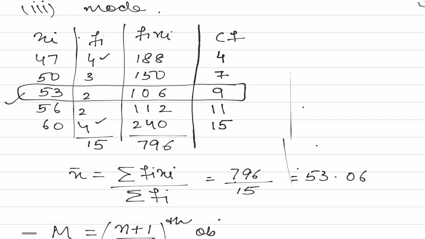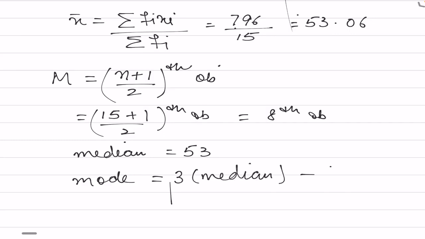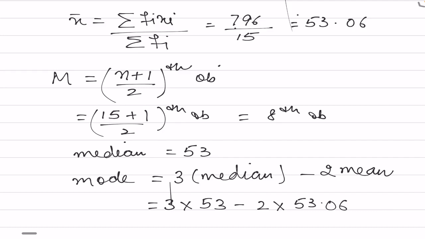So in this type of question, we will use the empirical formula. The empirical formula to calculate the mode is 3 median minus 2 mean. So 3 into the median, which is 53, minus 2 into the mean, 53.06.